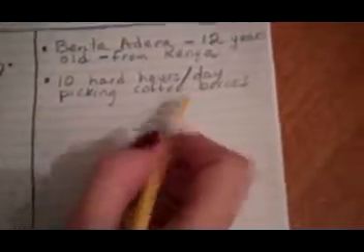Okay, and then I'm going to put 10. Okay, the word says grueling here. That's a difficult word for me, so I'm just going to put hard. 10 hard hours per day picking coffee berries. Okay, that's one big idea.